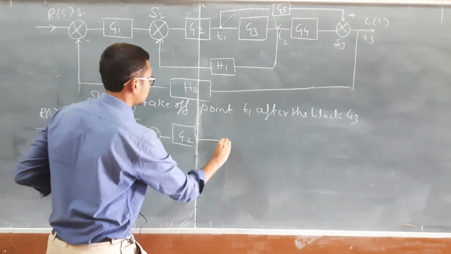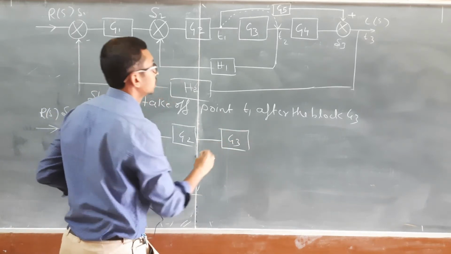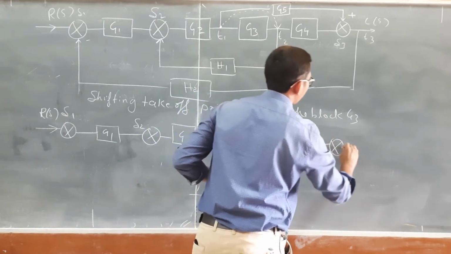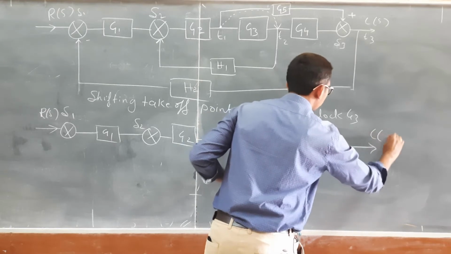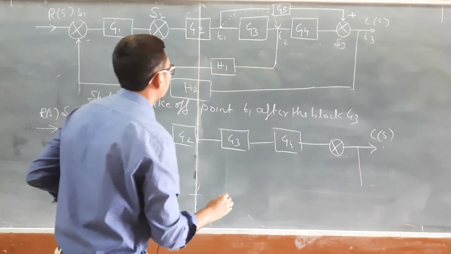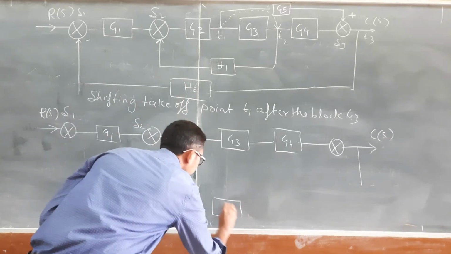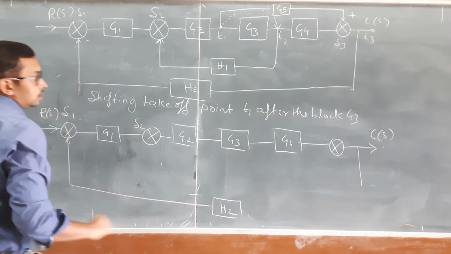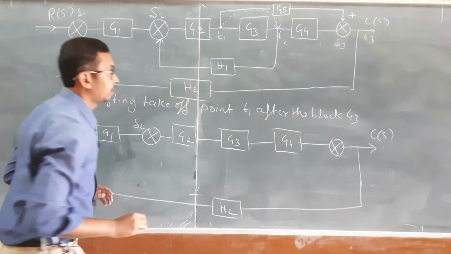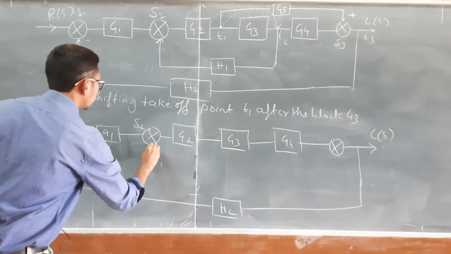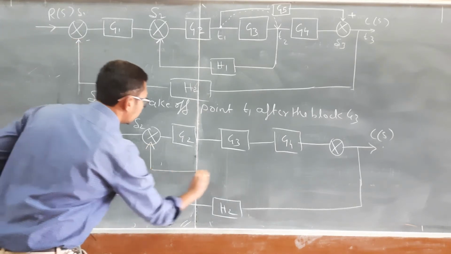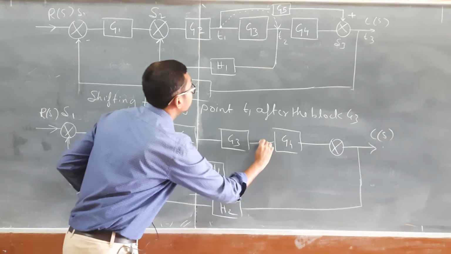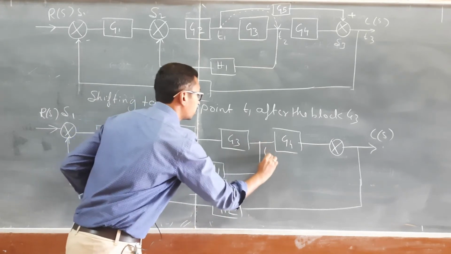First I am writing the forward part: G3 and G4. Next we have the summing point and takeoff point, the output C of S, and we have H2 that has been connected to summing point 1. Here we have another H1, which is connected to the takeoff point 2.